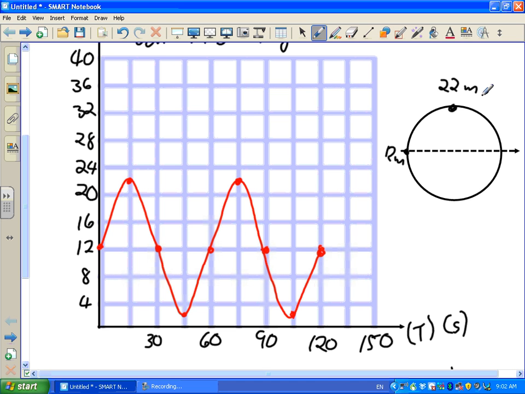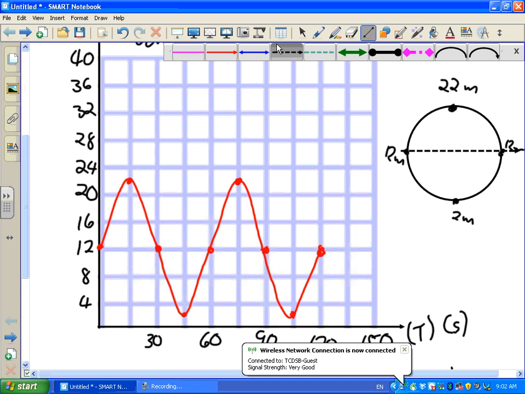Let's try the ground. What about the lowest point, or the trough? We already got the peak. What's the trough? 2 meters above ground. And what will this point be here then? 12 again. Good.